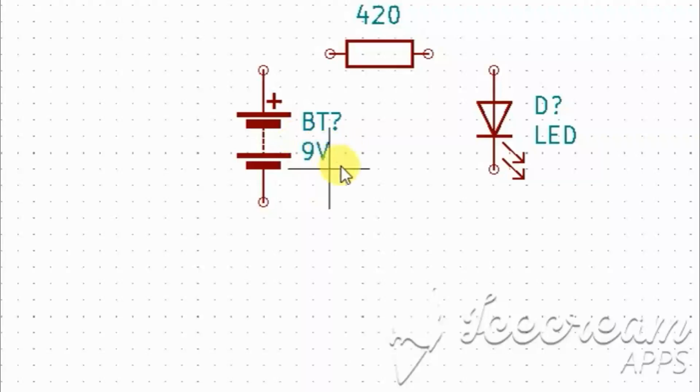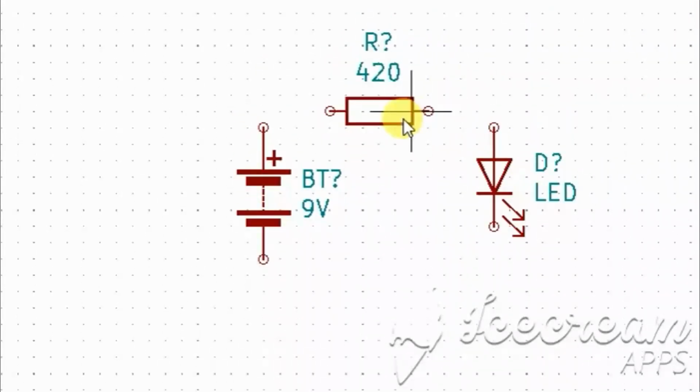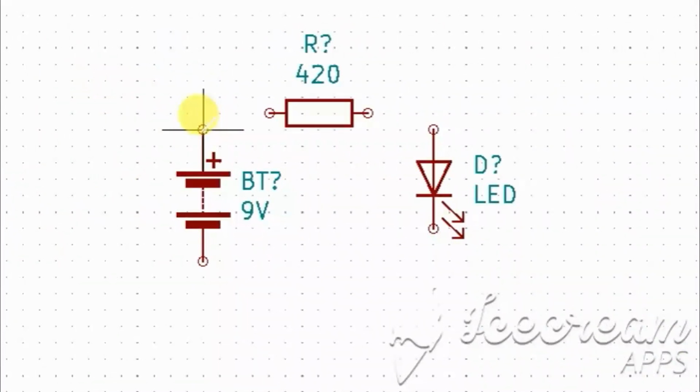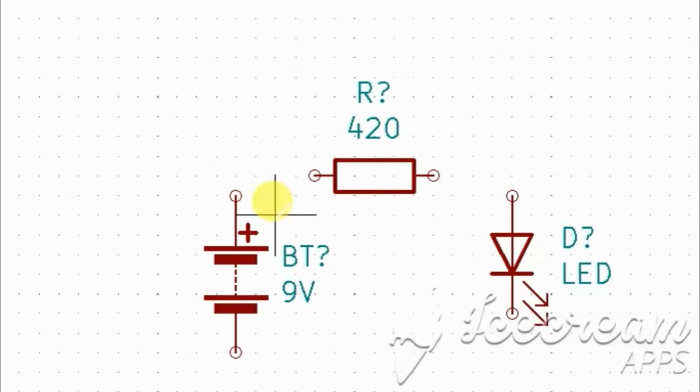This value is changed. Next, to draw the connections of this circuit, I go to the place wire tool. Press this round button. You can also use the W key on your keyboard.